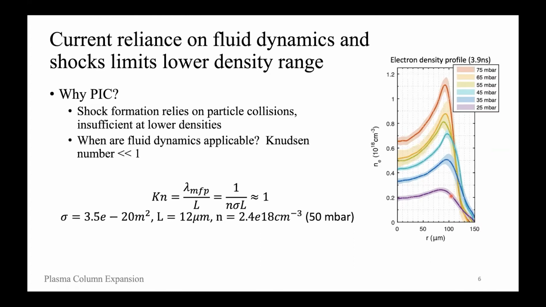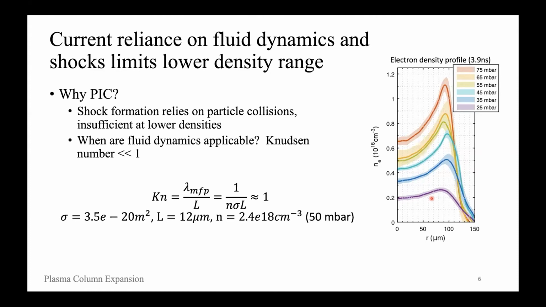If I use some numbers from Chalou's plot, a density that corresponds to 50 millibar, about halfway between these two, you notice that you can get a Knudsen number of 1 with a length scale of about 12 microns. So we start to question, especially at these lower densities, whether fluid dynamics is going to be accurate or reliable for representing these, and then especially as we drop down to even lower densities.